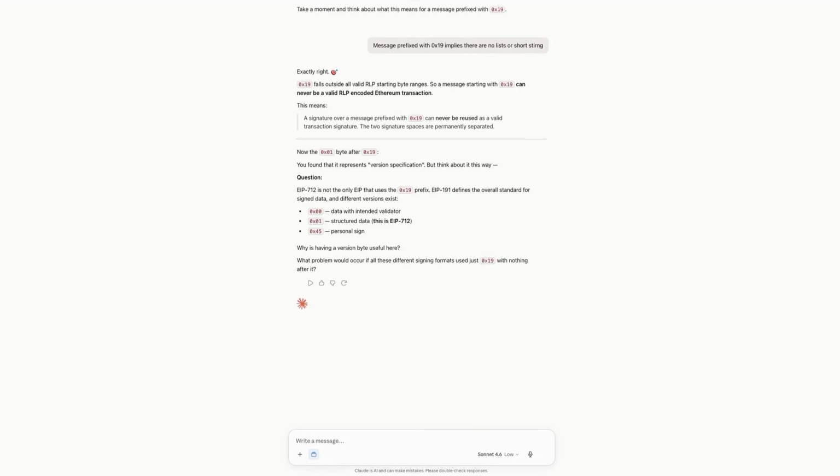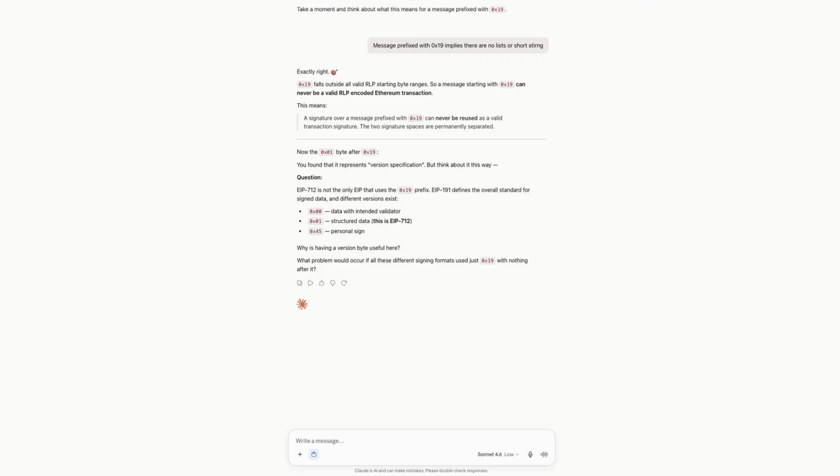The message prefixed with 0x19 implies there are no lists or short strings. Exactly, 0x19 falls outside all valid RLP starting byte ranges. So a message starting with 0x19 can never be a valid RLP encoded Ethereum transaction. This means a signature over a message prefixed with 0x19 can never be reused as a valid transaction signature. Wow. The two signature spaces are permanently separated.